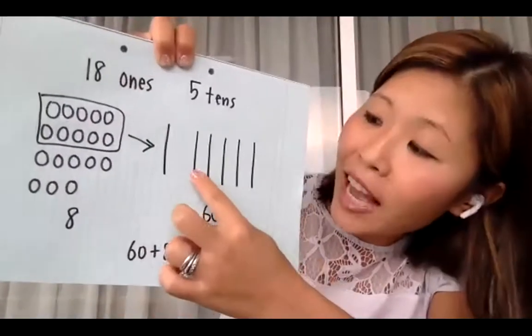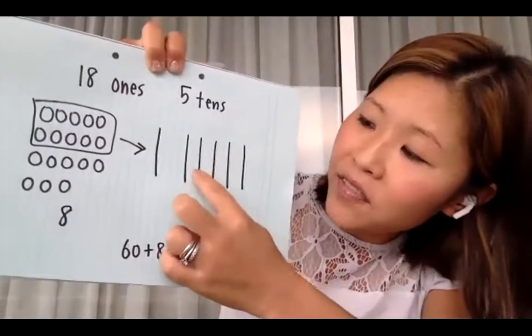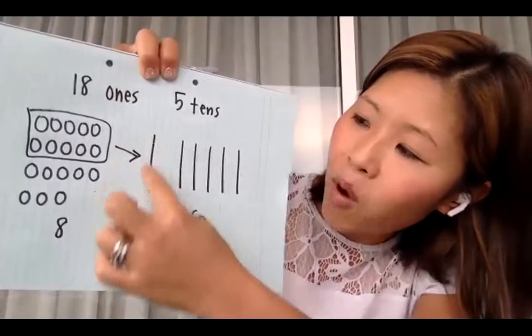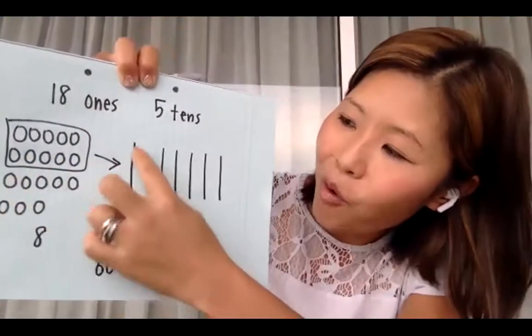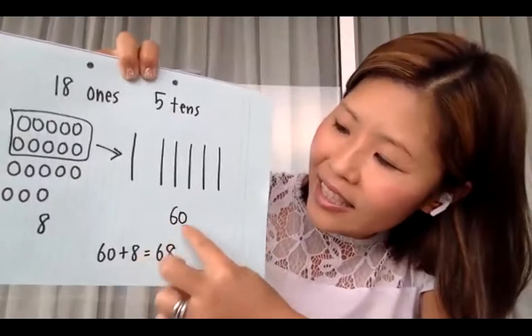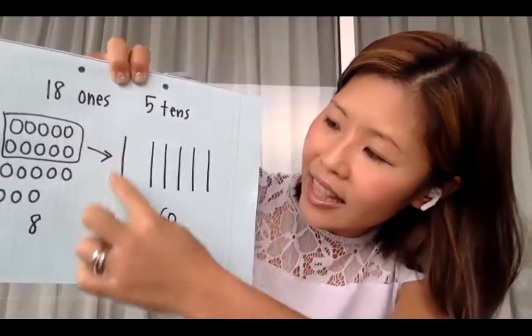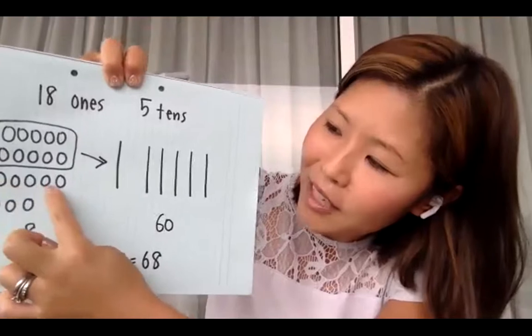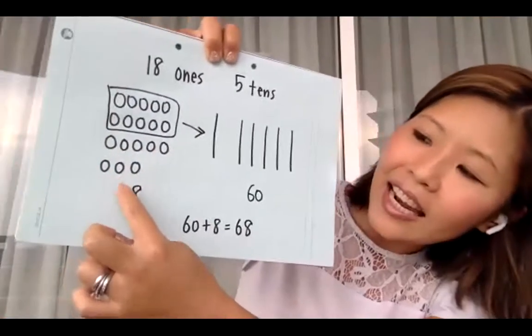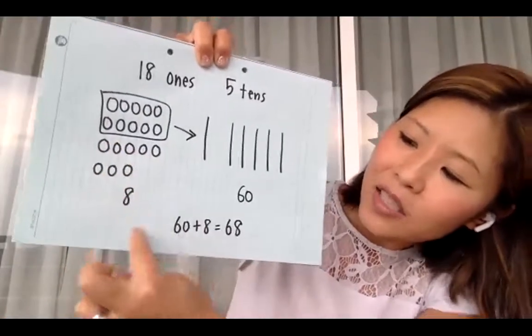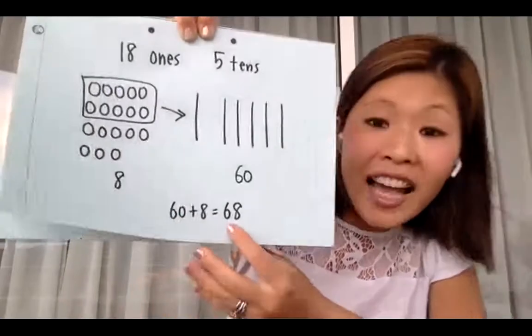And I have my 5 tens here. That's my 50. I got my 1 ten here, the 10 ones. So I said there's 60 with the tens, and I'm counting my ones, and I get 8 ones. So 60 and 8, I have 68.